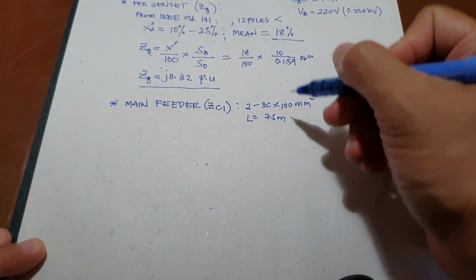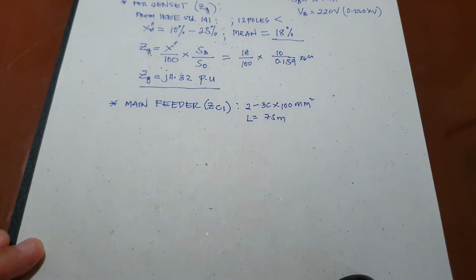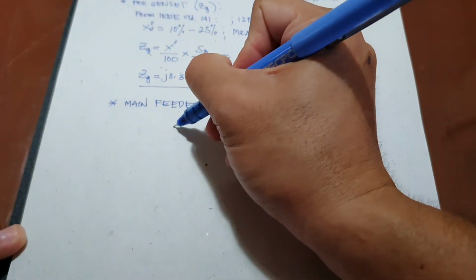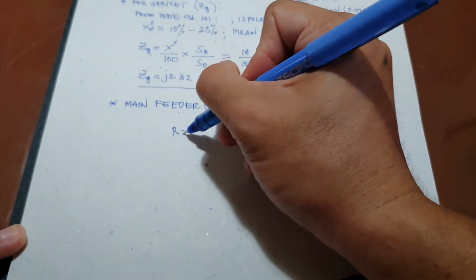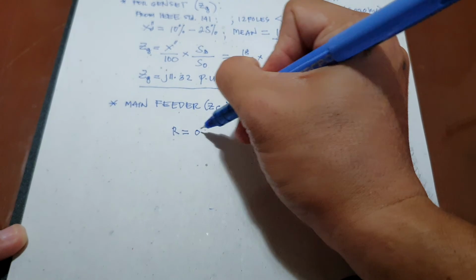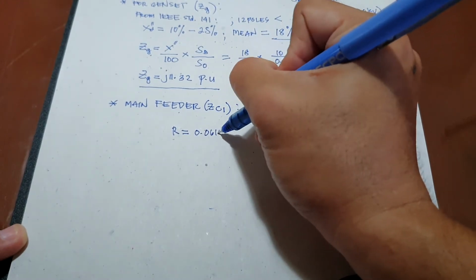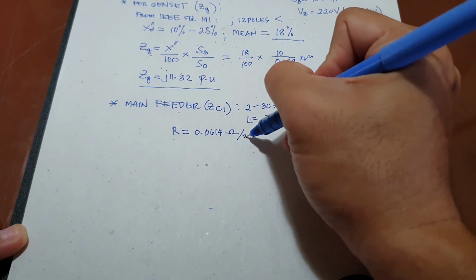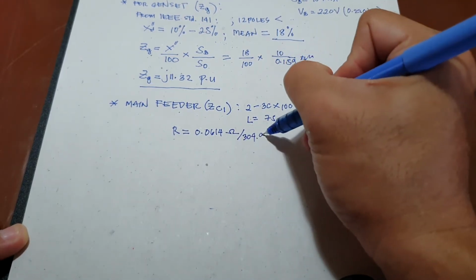So for the 100 mm squared cable, the R, or the resistance, is equal to 0.0614 ohms per 304.9 meters.